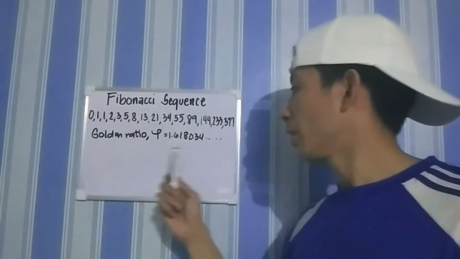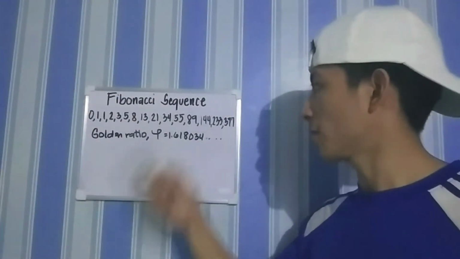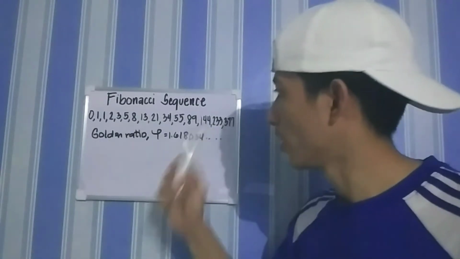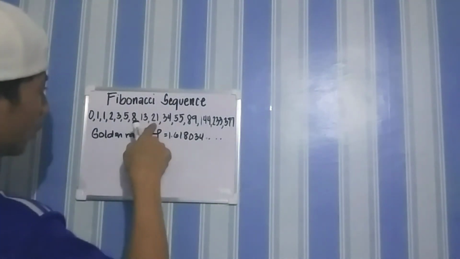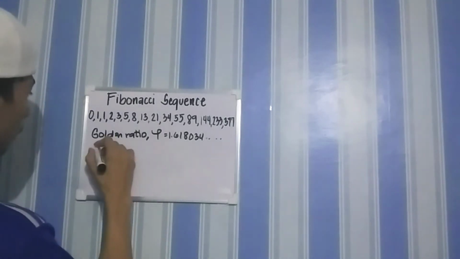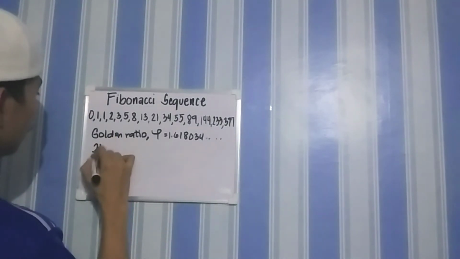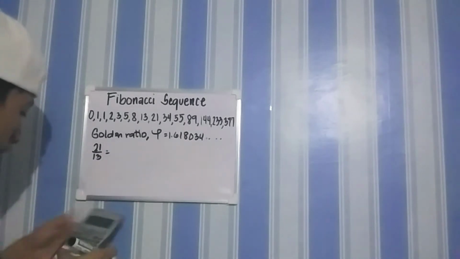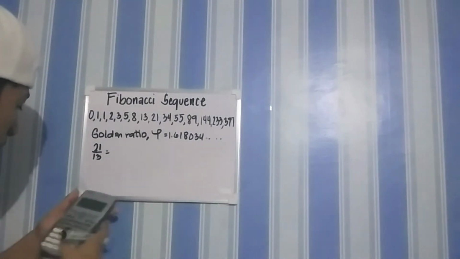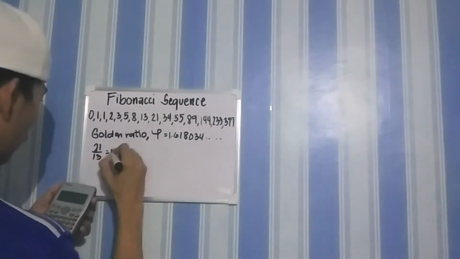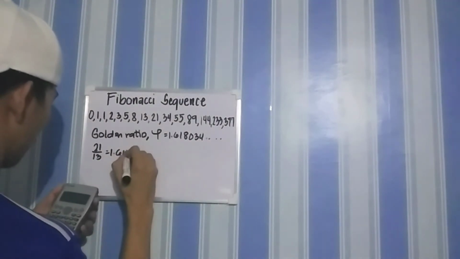We can observe the golden ratio by taking any two successive numbers in our sequence. So let's say we start with 21 over 13. The ratio of that is 1.615.